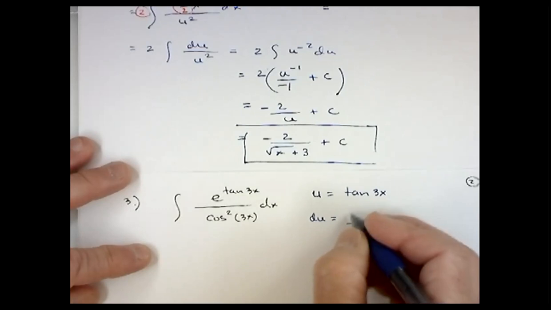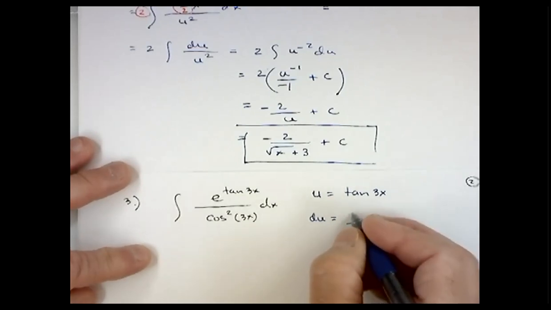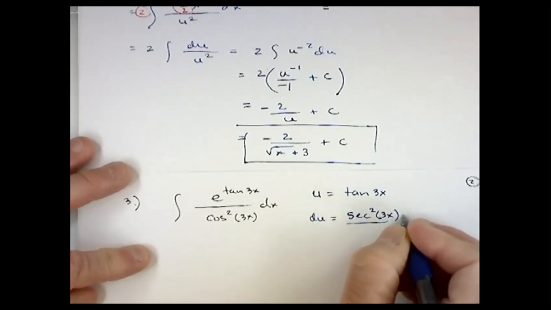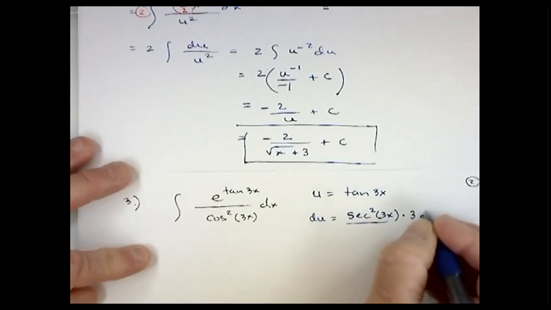Now, what's the derivative of tangent? This is a good time to remember your trig derivatives. It is secant squared of 3x times the derivative of the inside, which is 3.